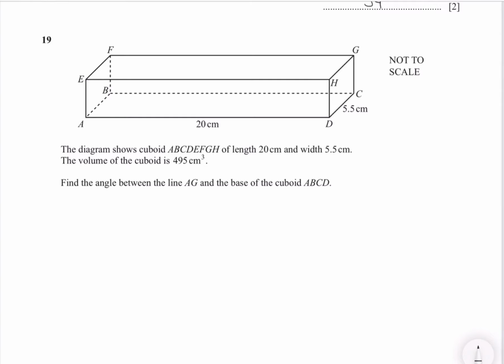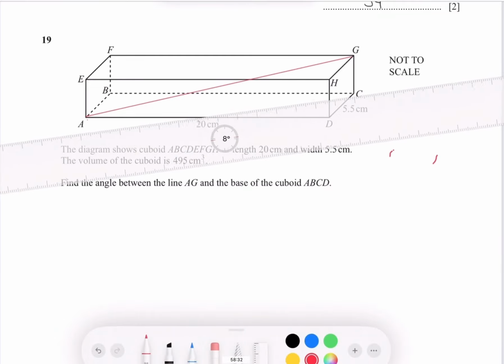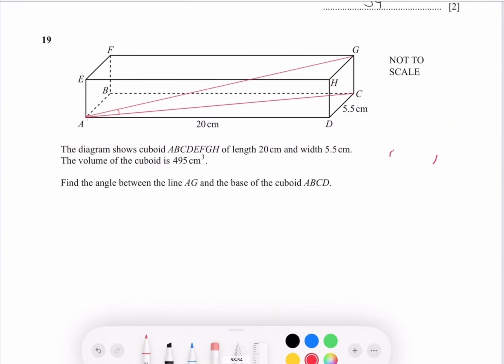In question number 19, we have to find the angle between the line AG and the base of the cuboid ABCD. So here is the angle which we are going to find. So we must have the length GC. We are given the volume of this cuboid, the length 20 centimeter and the width 5.5 centimeter.